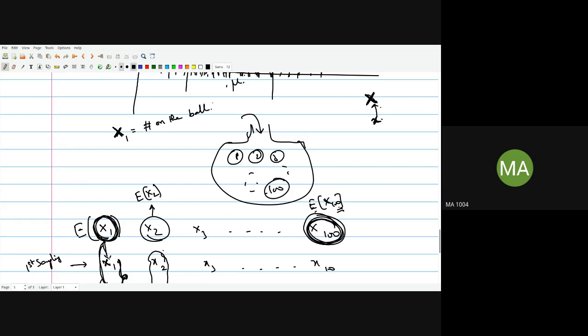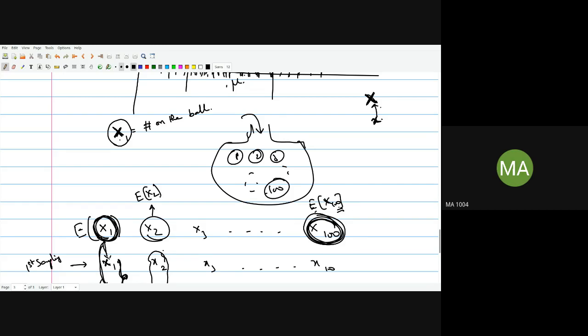Now tell me, capital X1 is a random variable or is it a constant? Random variable. Anyone from 1 to 100 can be picked, any one can be taken by capital X1.